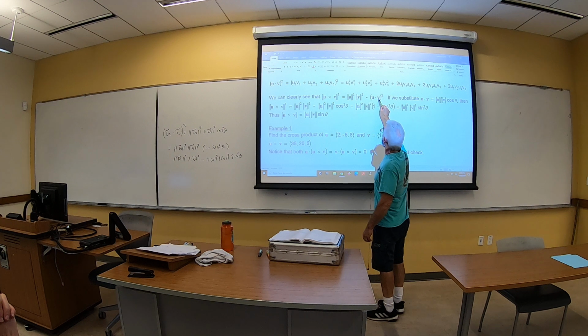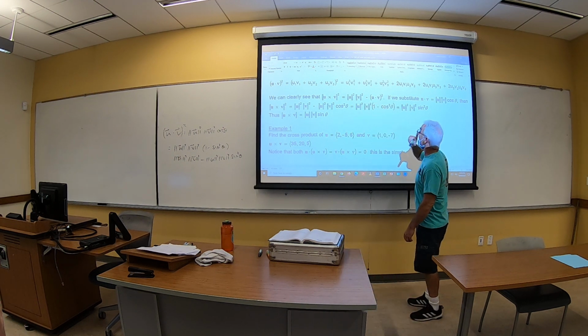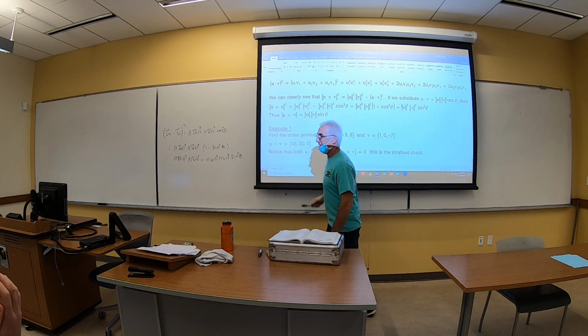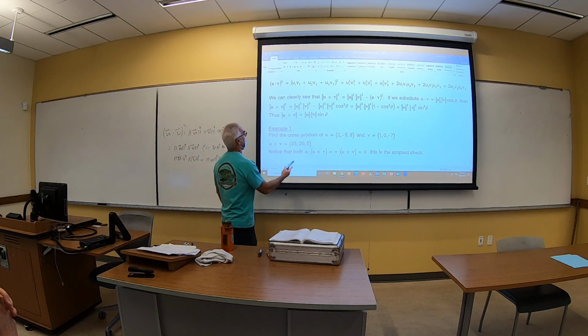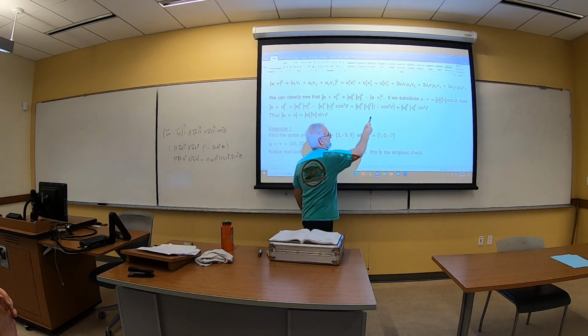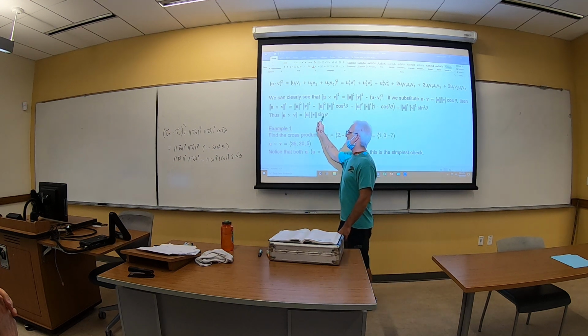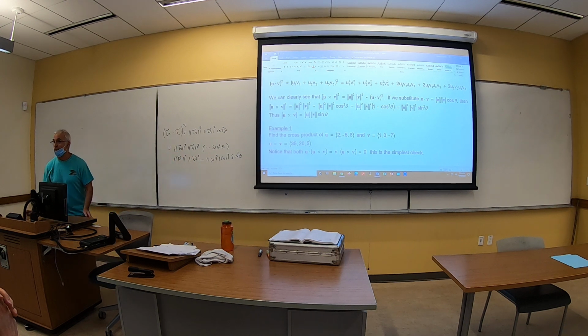So if I replace this with this, and then I replace it with this, and then I distribute, oh, but wait a minute, those other guys are going to cancel, aren't they? This guy's going to cancel. So when all's said and done, I get this equals this, but since magnitude can't be negative, that's the proof in the derivation that the magnitude of the cross product is length u, length v, sine theta.